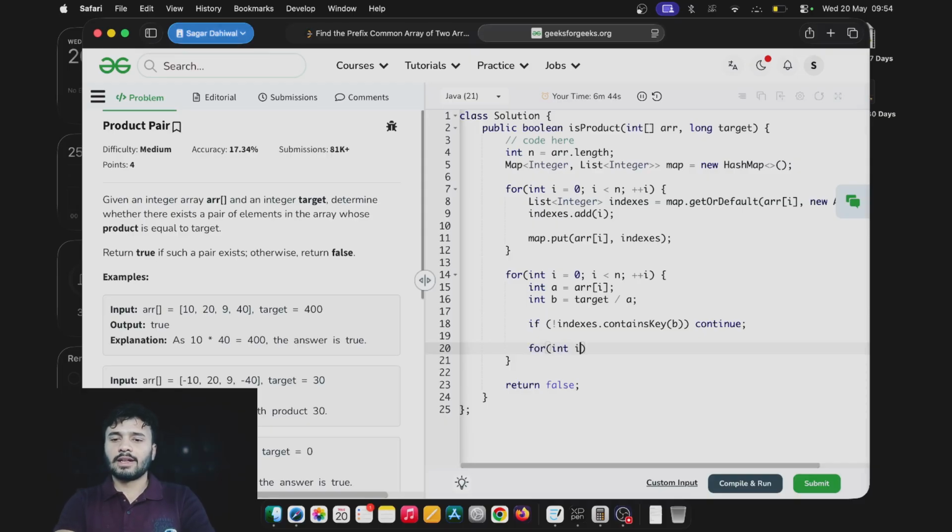IDX is indexes dot get B, and if IDX is not equal to I, then return true. That's the code. Let's compile.